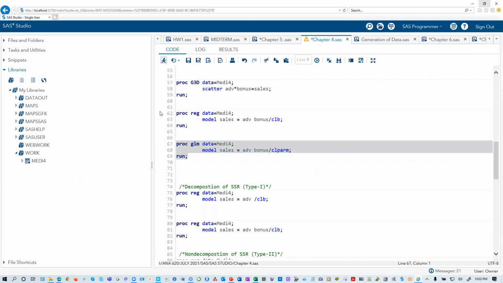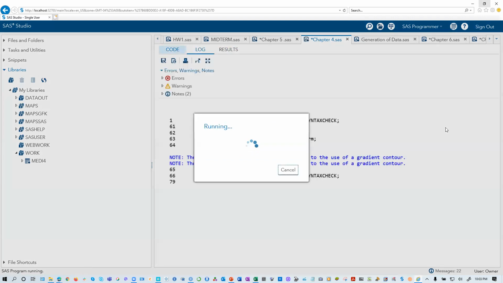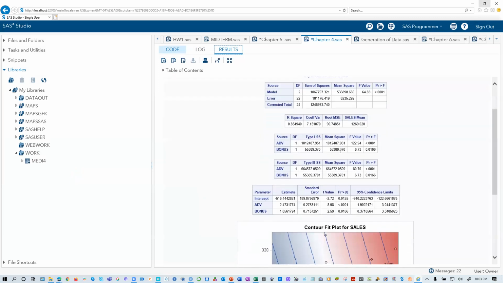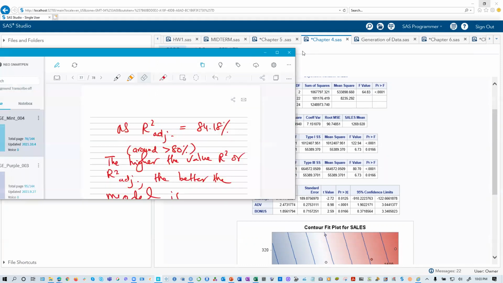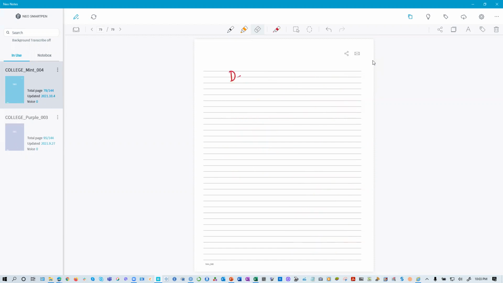What does that mean? It means something like this. I'm going to write here very clearly for you to get a clear idea. Right here, I'm going to say, start the sum of squares decomposition.